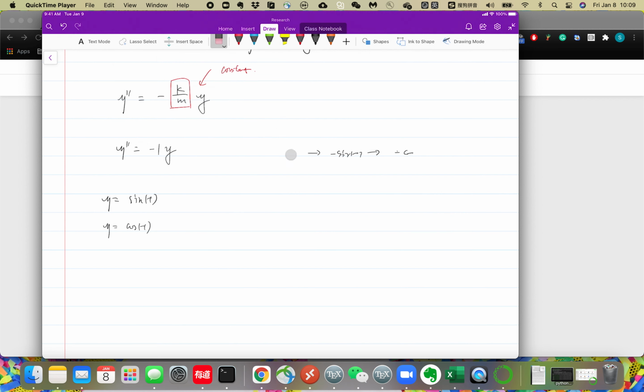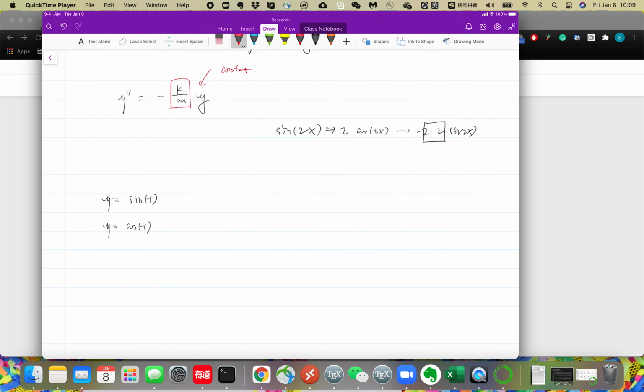Okay. Now the only thing you need to think about is just how do you add in this k over m? Well, you need to think about how do you produce a number outside sine x. If you take the derivative of sine 2x, by the chain rule, you have a 2. If you take the derivative again, 2 cosine 2x, you have 2 and another 2 coming from the second derivative, and then sine 2x with a negative. That's what you want. From here, you can see you do have a number here.